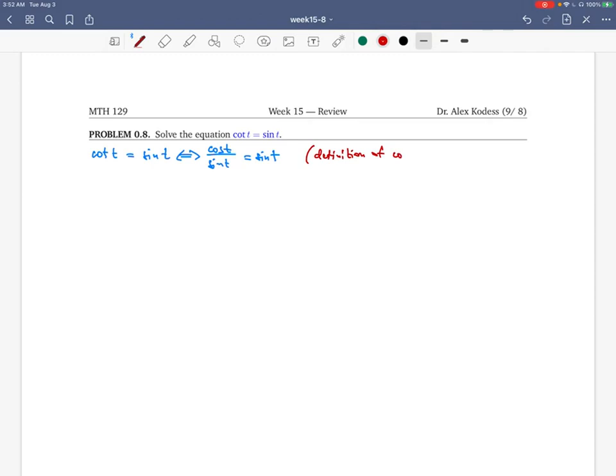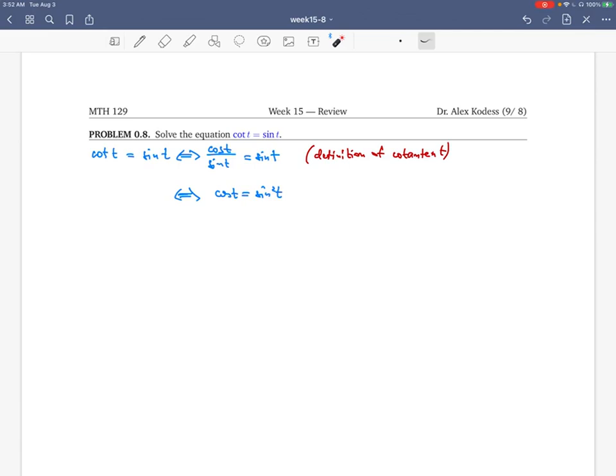Before we multiply left and right by sine t, we have to make sure that sine is not zero. Because if you simply say that this is equivalent to cosine t equals sine squared t, which you obtain by multiplying left and right by sine t, that would be wrong.